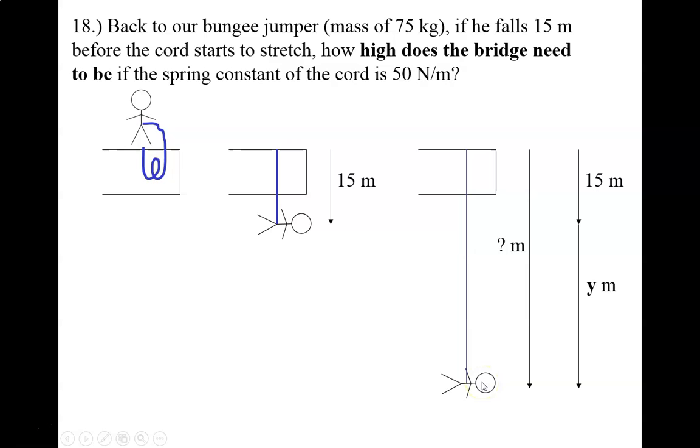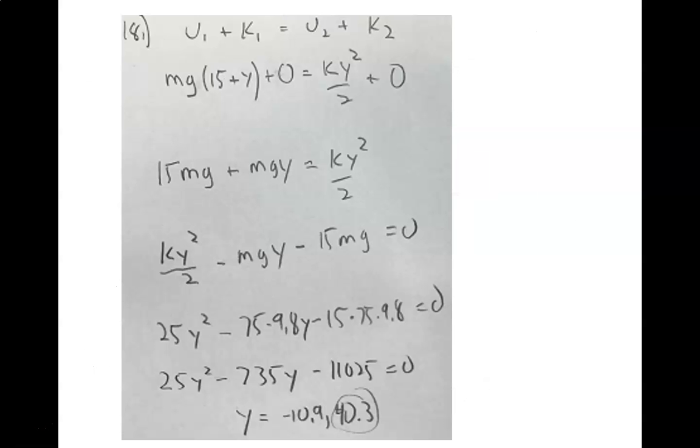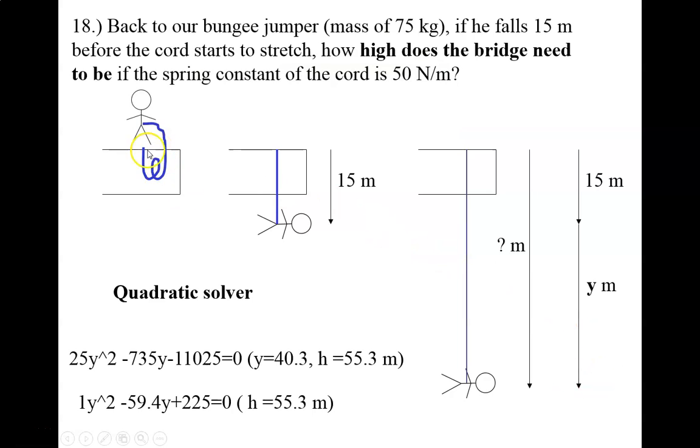So we're going to look at y, the distance stretched. How far is that bungee cord going to stretch? So we're going to solve for y in this case. Instead of looking at the total distance, we're going to solve for the distance stretched. No big deal.